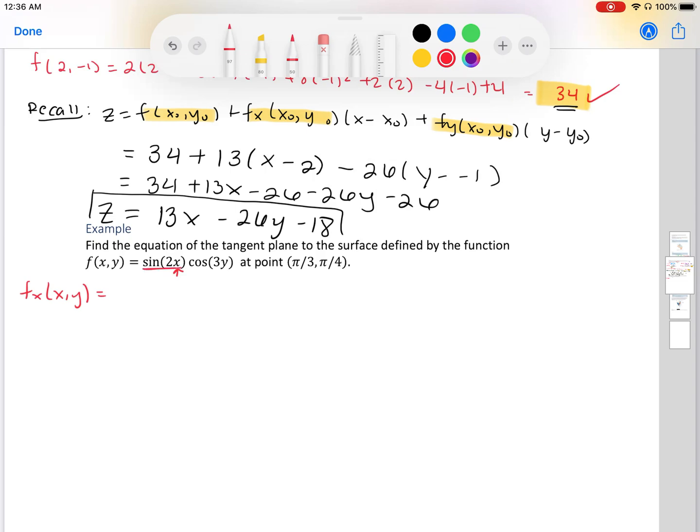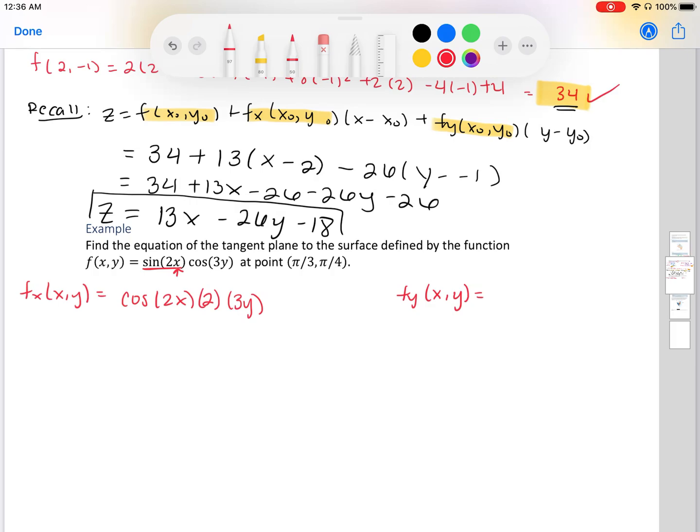Well, that entire sine, so we have to do chain rule. Derivative of sine is cosine, so we have cosine of 2x, and the derivative of our argument inside our parentheses is 2 times 3y.